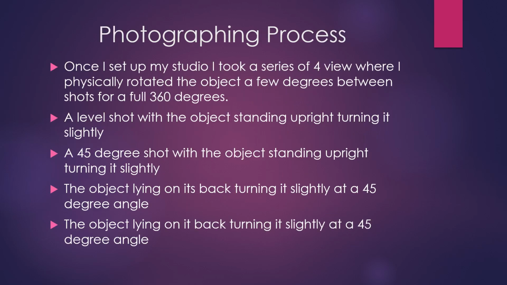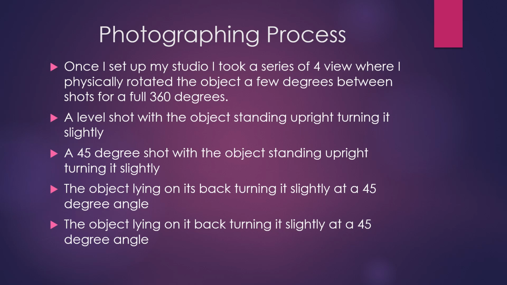The photographing process is actually quite simple. Once I set up my studio, I took a series of 4 views where I physically rotated the object a few degrees between shots until I got full 360-degree photographs of the object.